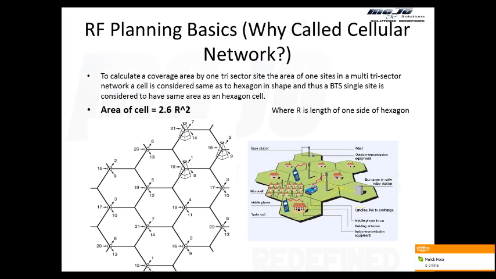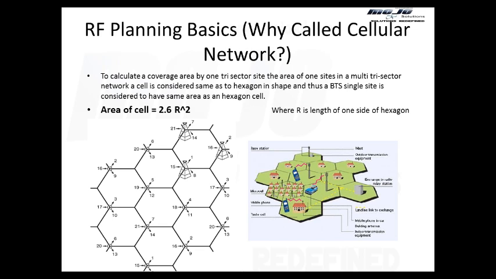The reason is that, in order to geographically calculate the coverage of each cell in a three-sector site, the best method is to consider it a hexagonal cell. Did you get my point?